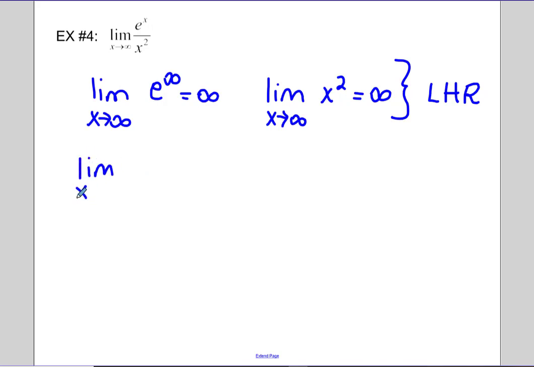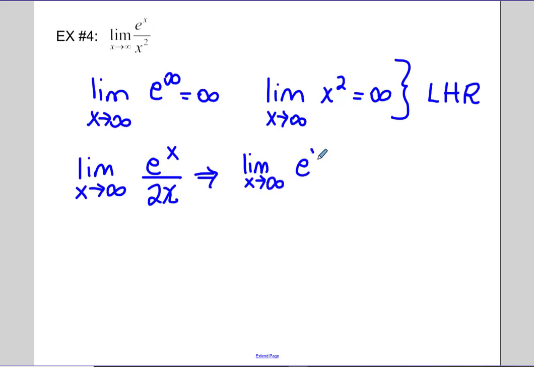The derivative of e to the x is e to the x, and the derivative of x squared is 2x. But again, if you apply the limit at infinity, we're still infinity over infinity for the numerator and the denominator.